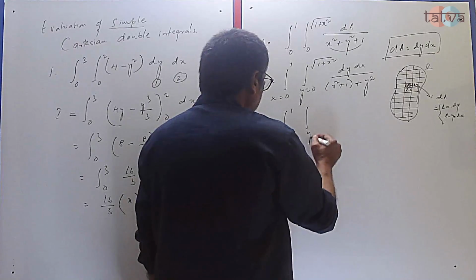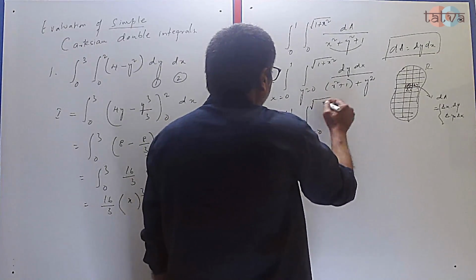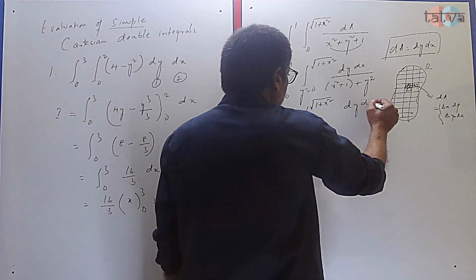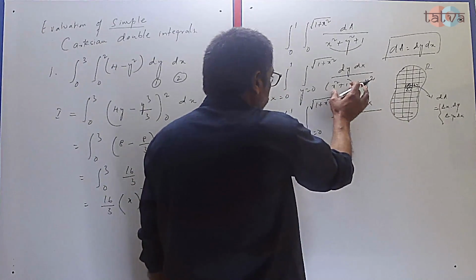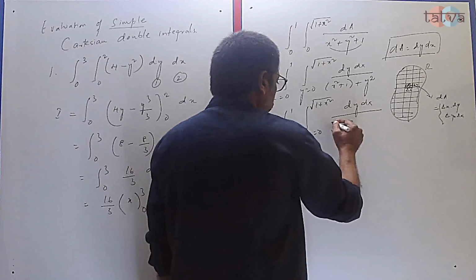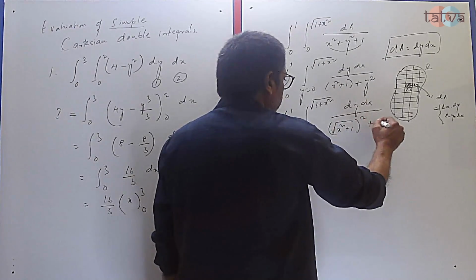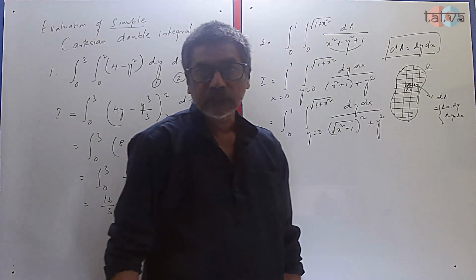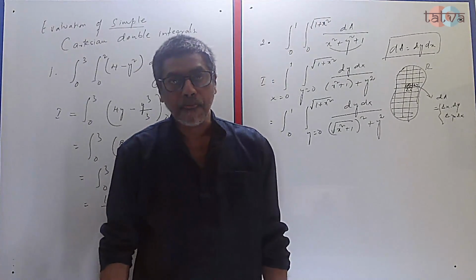So I'll write one more step which will help us think clearly. Write the x squared plus 1 as the square of square root of x squared plus 1. And I hope now you have recognized that this is in the standard form.